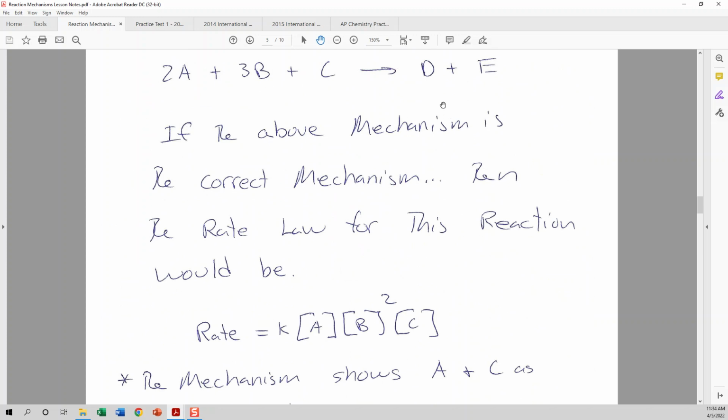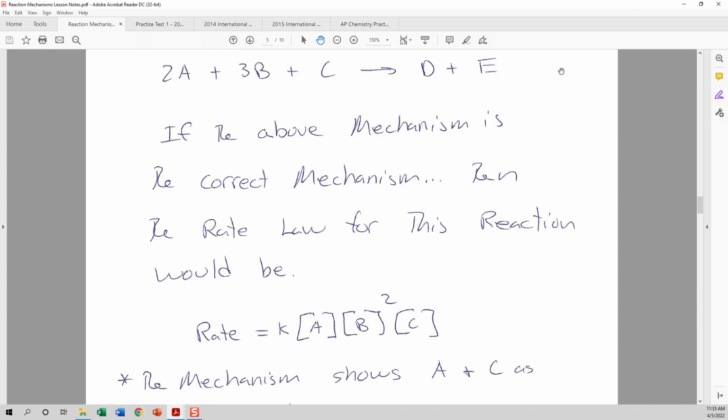The rate equation would be rate equals k times the concentration of A times the concentration of B times the concentration of C, and I'd have to figure out what those exponents are. And remember, they're not 2 and not 3 and not 1 unless this was an elementary step. You have to figure out the reactant orders based on data or a mechanism.